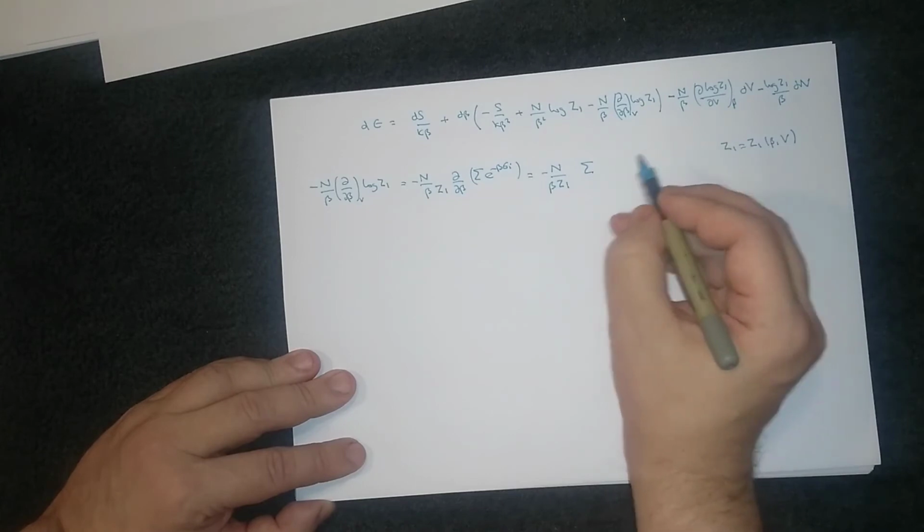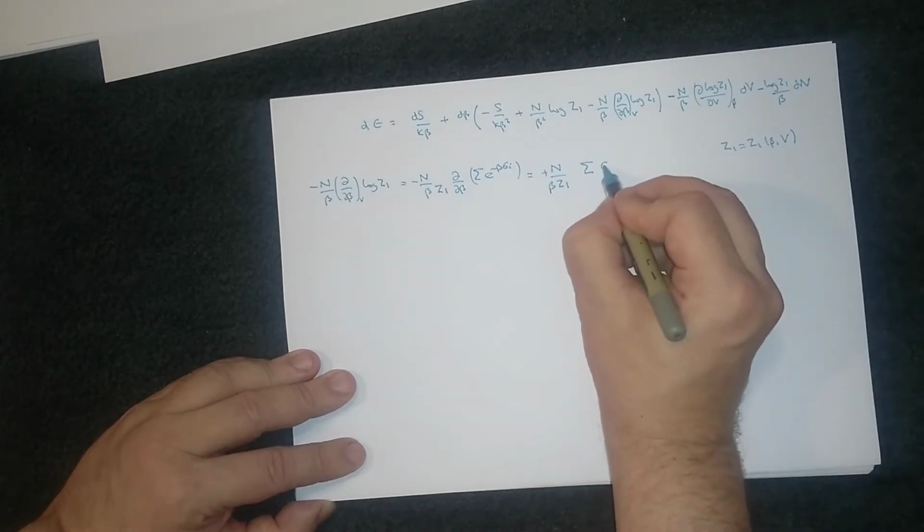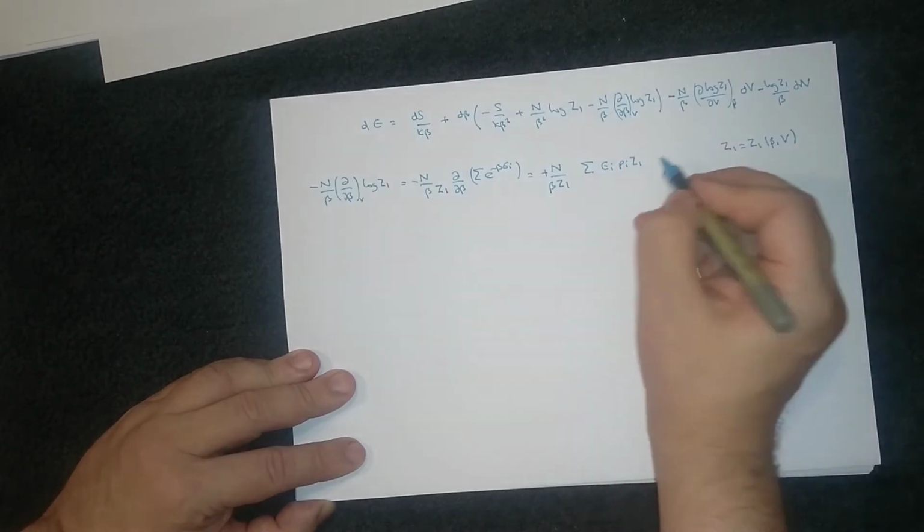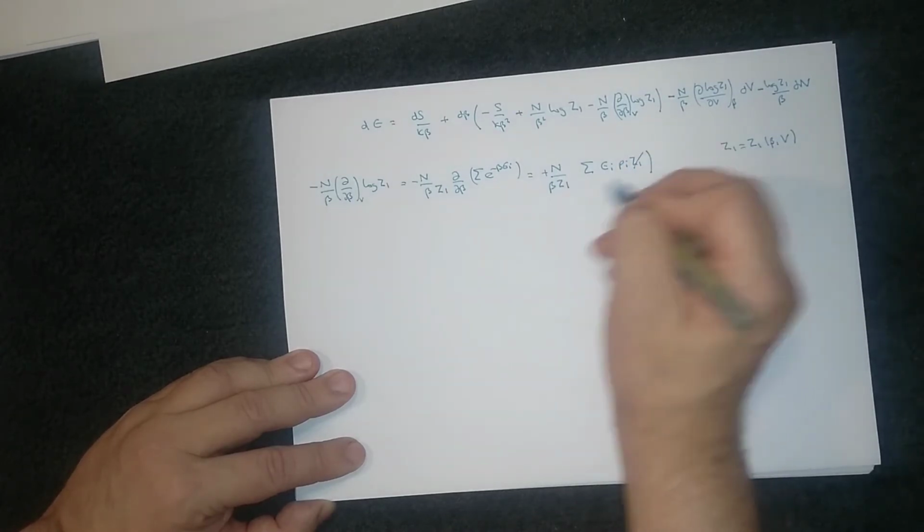And that gives me a minus ei and then a pi z1. The z1's cancel.